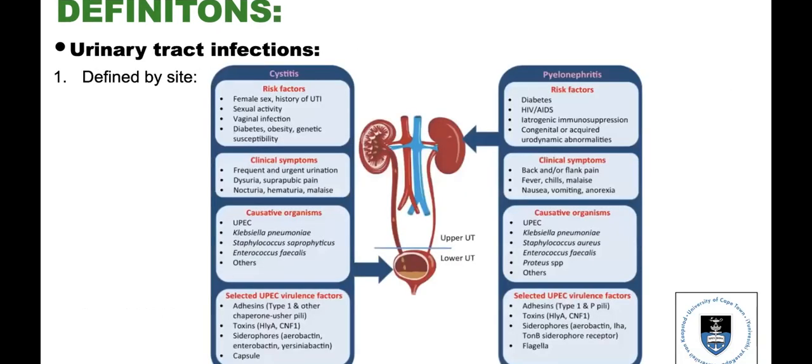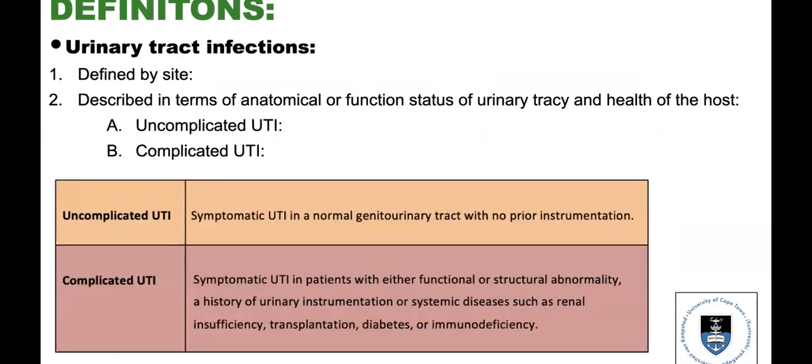Urinary tract infections can be defined by site, commonly cystitis and pyelonephritis. And we all know cystitis is a clinical syndrome of dysuria, frequency and urgency, and pyelonephritis can present acutely or chronically. UTIs are also defined according to the anatomical or functional status of the urinary tract, and of course the host.